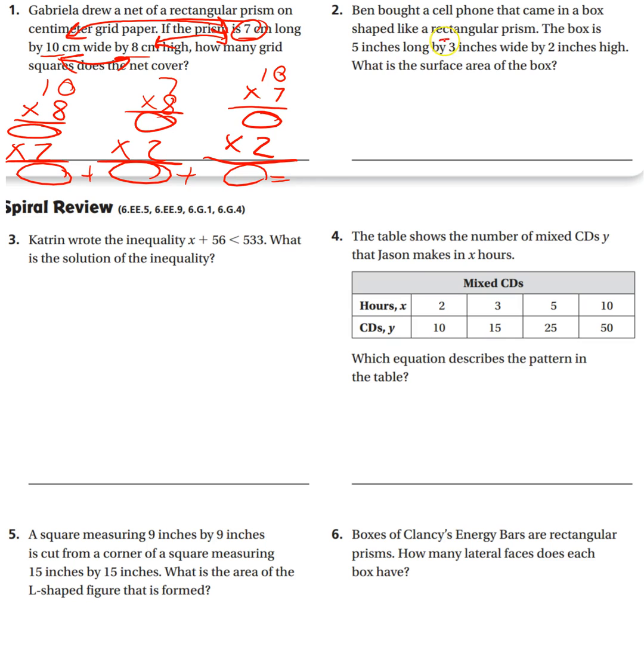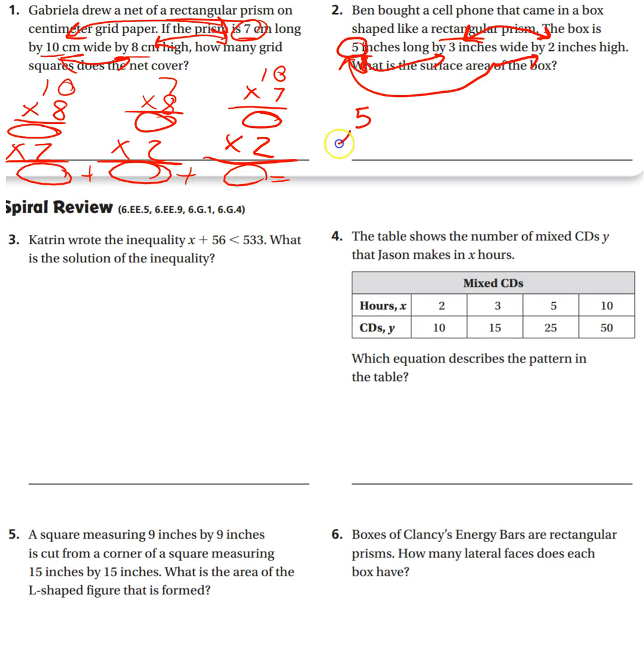Take a look. Another rectangular prism. So you're going to multiply the 5 times the 3, and that goes both ways. You're going to multiply the 5 times the 2, and then you're going to multiply the 3 and the 2. And then you're going to multiply each of those by 2.